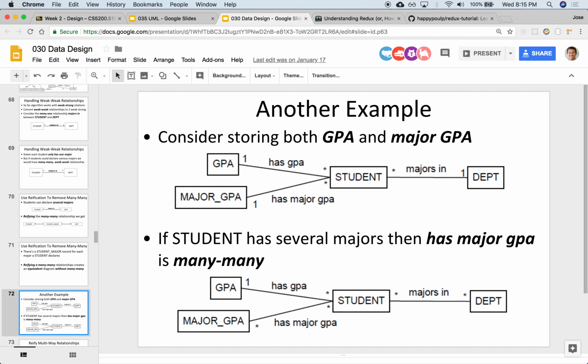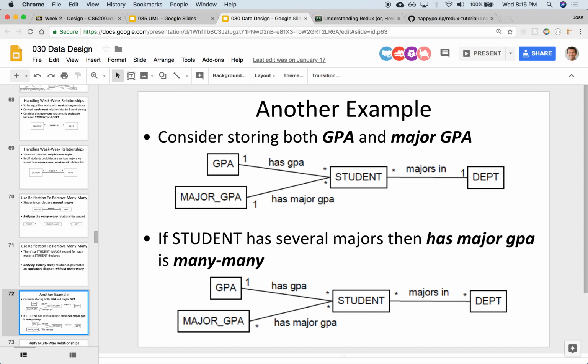But what if you are enrolled in multiple departments? Yes? If you're enrolled in multiple departments, notice that it's not enough to just go from 1 to star, right? Now that you can be in multiple departments, this relationship up here, where it used to be that one student can have just a single GPA, no longer holds, right?